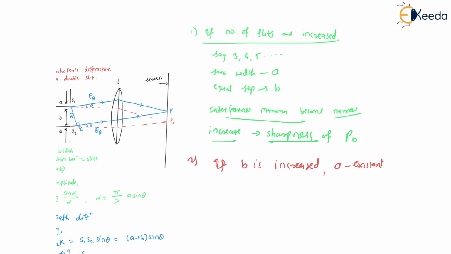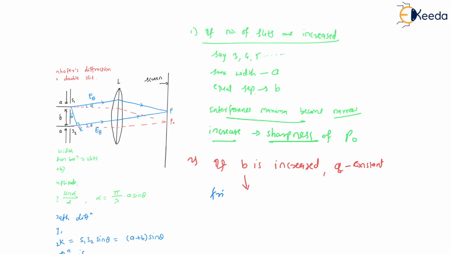So if slit width is constant but we increase b, what will happen? The spacing between the fringes will decrease. Ultimately, the bands will be nearer to each other.